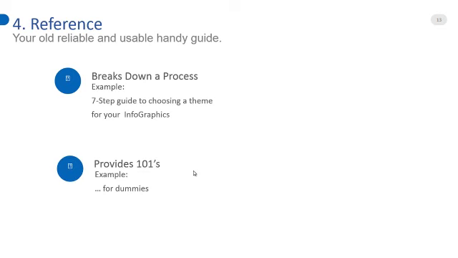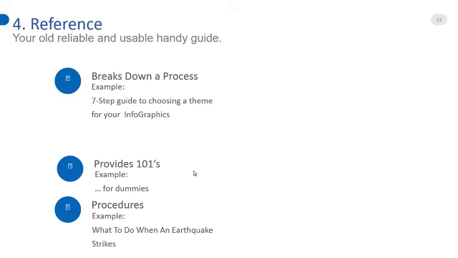So another example of this is maybe the dummies book. So if you see the dummies, something for dummies, scrapbooking for dummies, internet marketing for dummies, WordPress for dummies, haircutting for dummies, whatever that might be for dummies. But it breaks it down into a simplistic process.